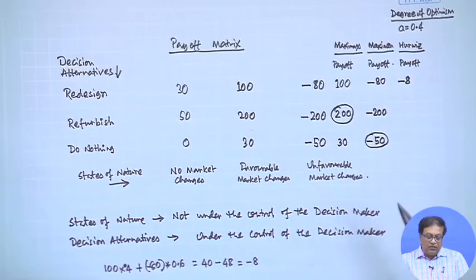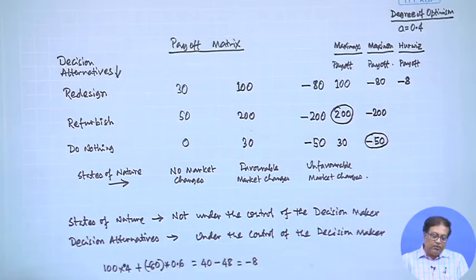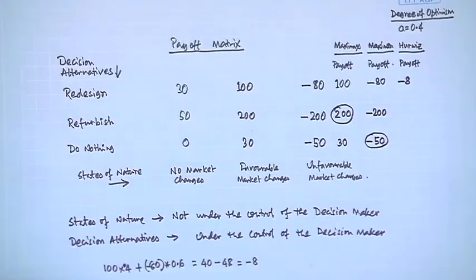Let us for a second assume that the degree of optimism is 0.5. Then the value would really be 100 into 0.5 plus minus 80 into 0.5, that means 50 and minus 40.